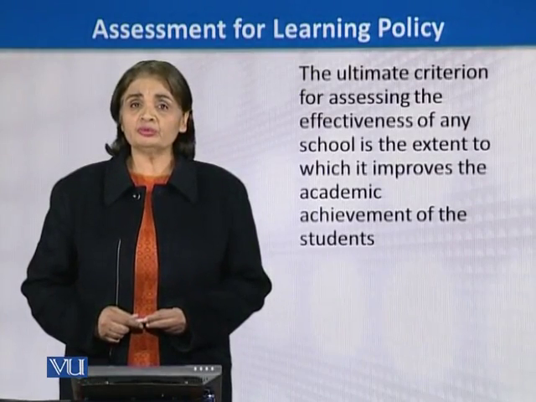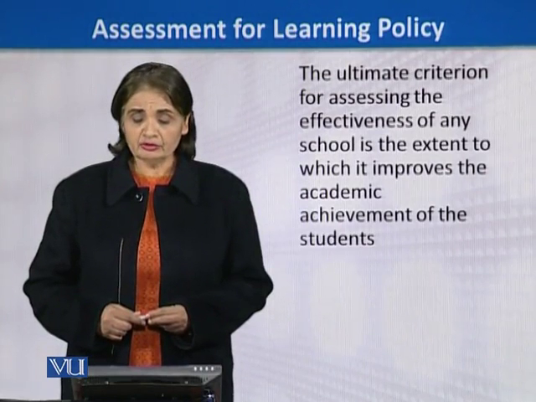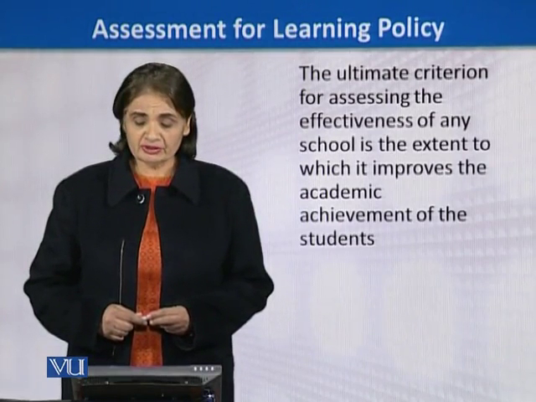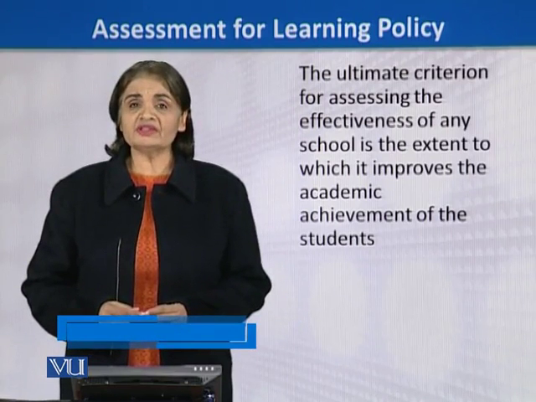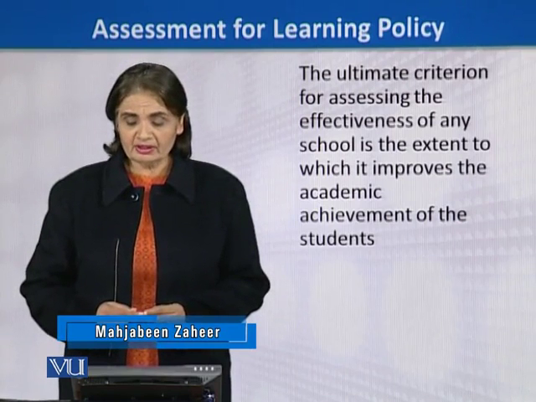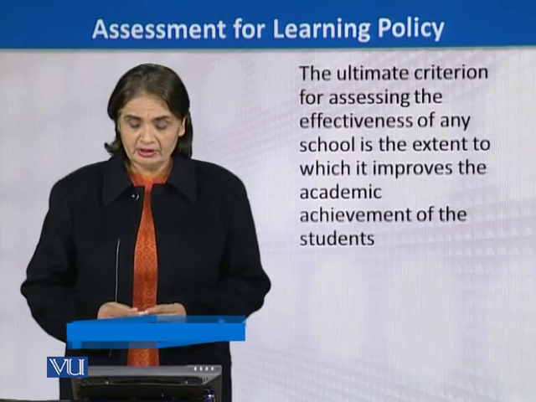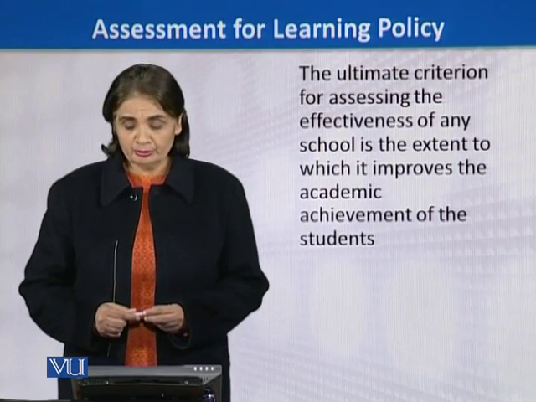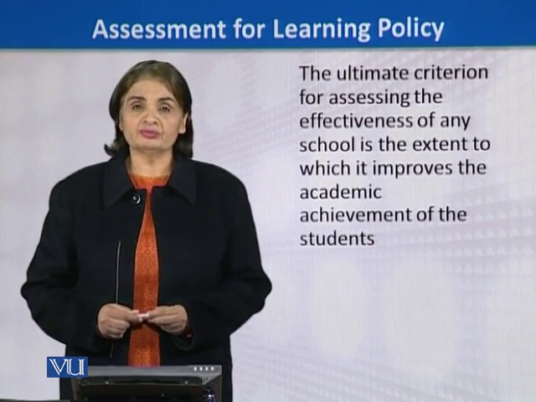Assessment for learning policy is based on the ultimate criterion for assessing the effectiveness of any school. Now, what is this effectiveness of assessment? The basic thing that is very important for all schools is how the school improves the academic achievement of the students.